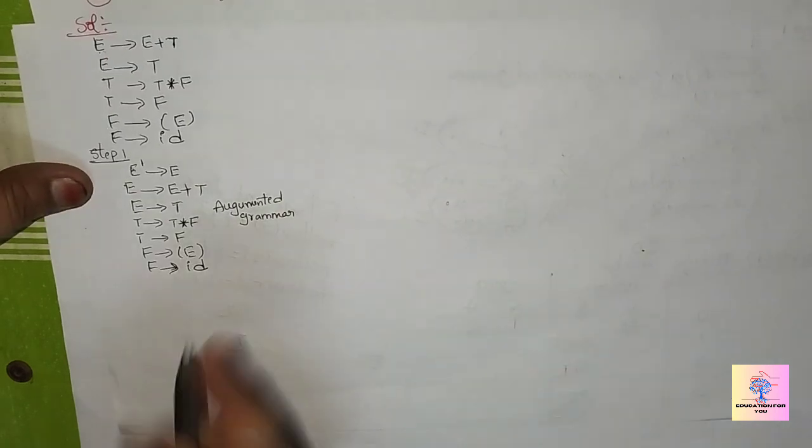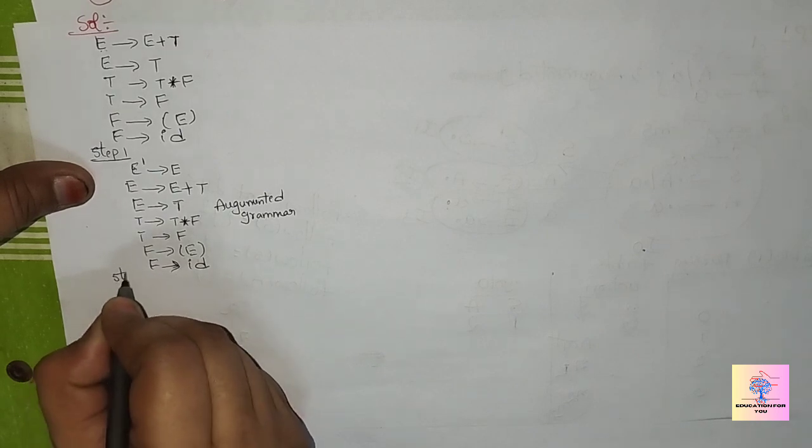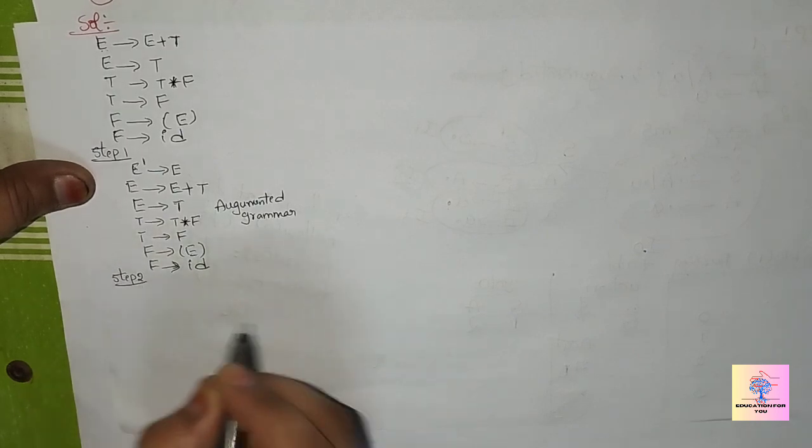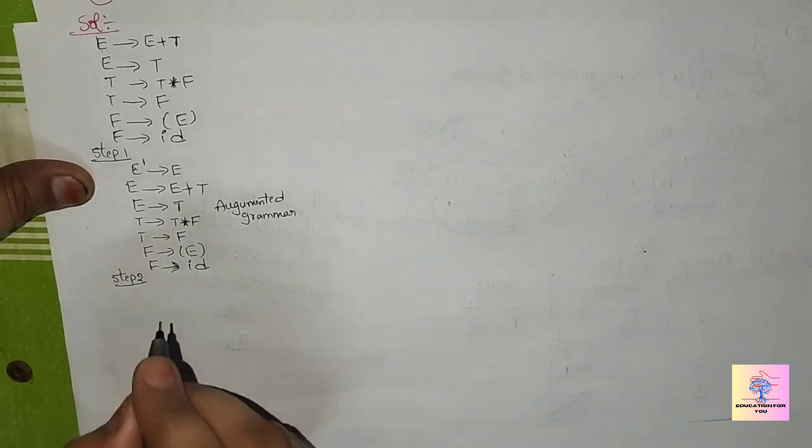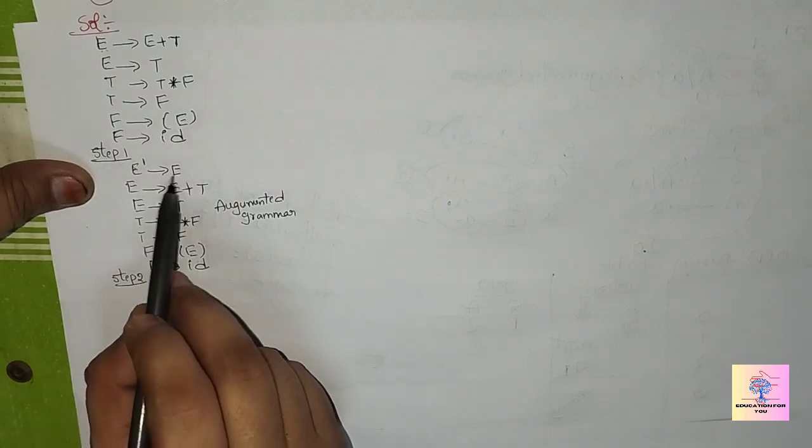Now the next step is introducing the items. That is step 2. How can you introduce the item here? By introducing the dot at the start of the right hand side.